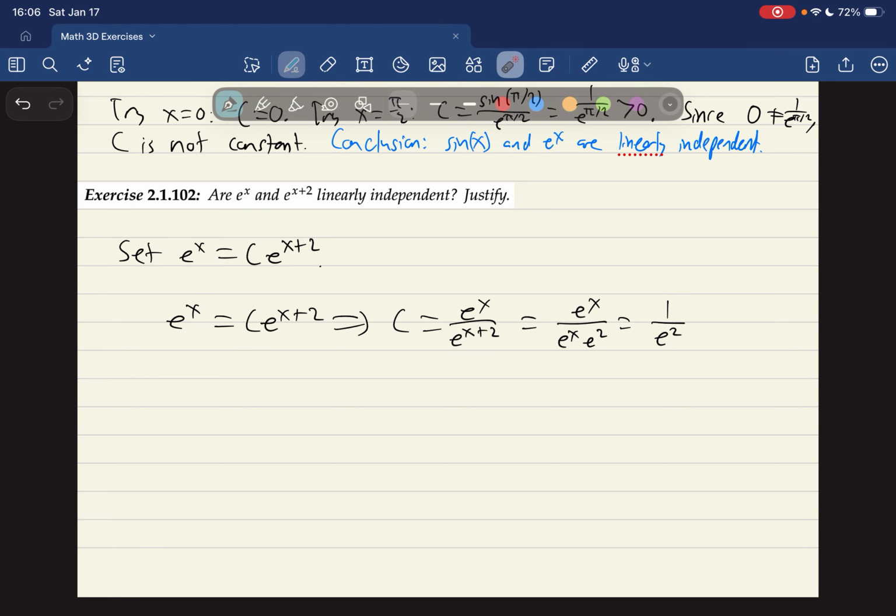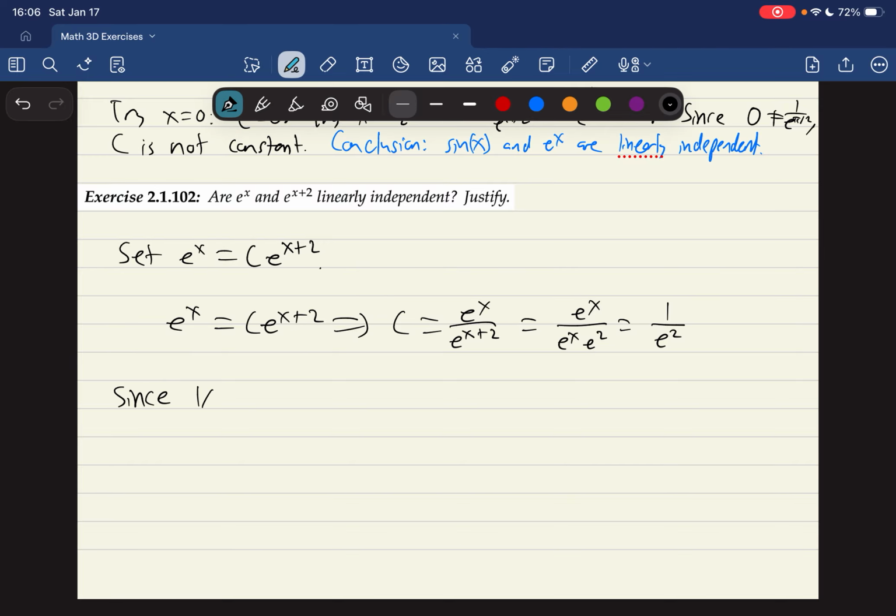Notice that this right side is a constant function. There's no x variables. This is just a fixed number, and so this is a constant. And so this tells me that in this case, these two functions are not linearly independent. That is, they are dependent.